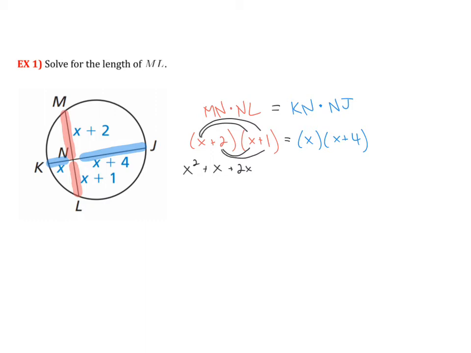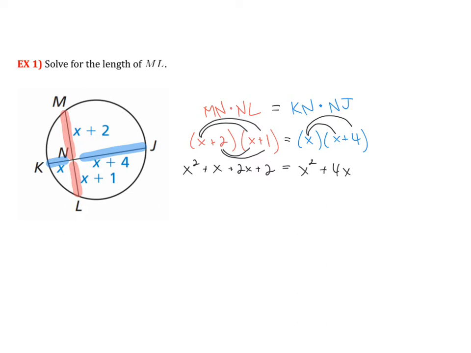And then 2 times 1, that's just another plus 2. This is going to be equal to, on the other side of the equation, I also have to distribute. But because I have one expression and one variable, I only need to distribute the x to the 2 terms on the inside. So we get x squared plus 4x.